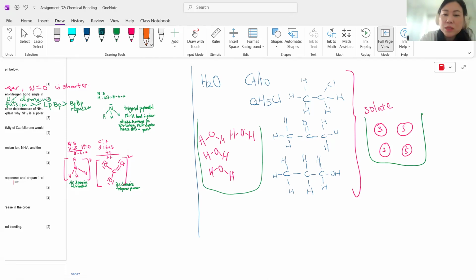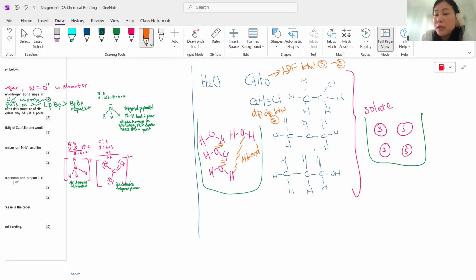So we need to see what is in water first. In water, there's already hydrogen bond, which is very strong. And in the solute, we need to look at each solute and see what is the intermolecular force. So for example, if it's the butane, which is non-polar, the intermolecular force is LDF between the S and the S. For C2H5Cl, it will be dipole-dipole between the solute.